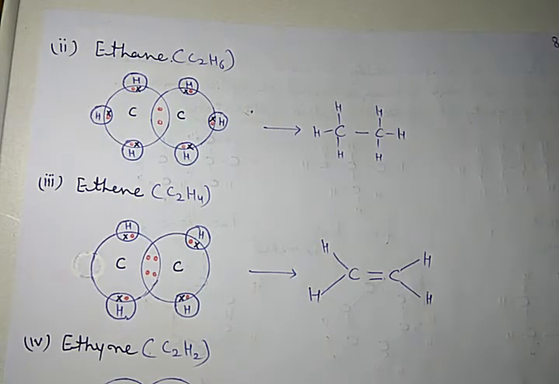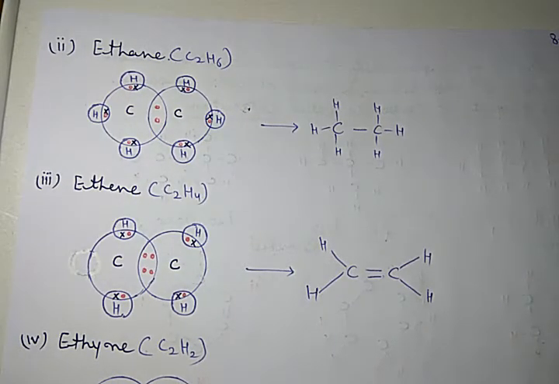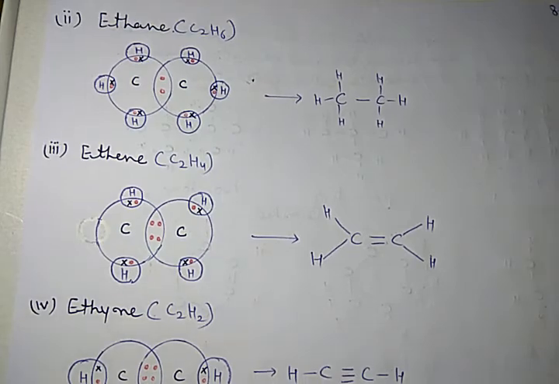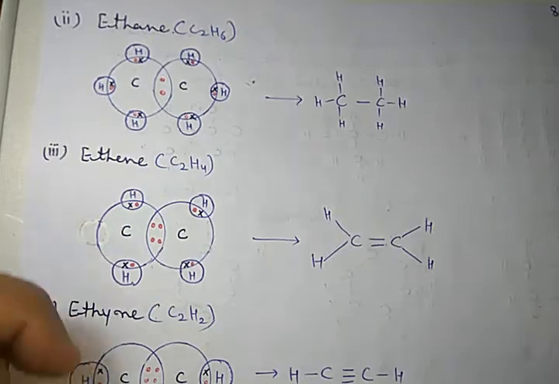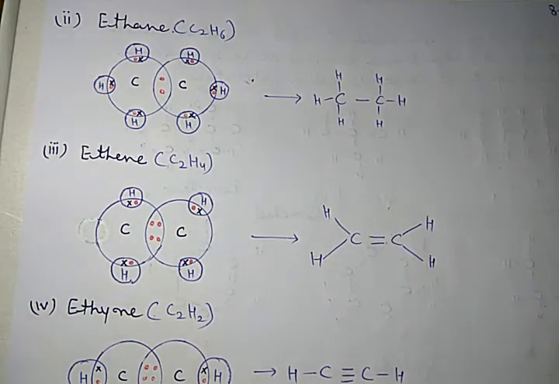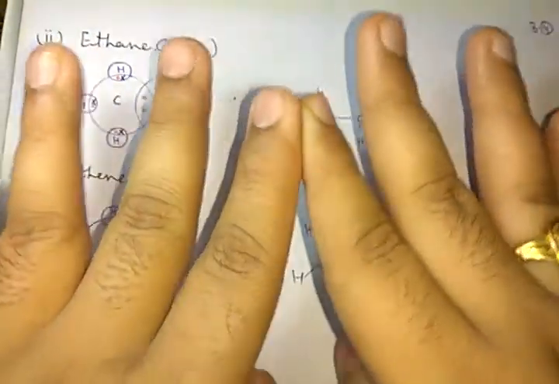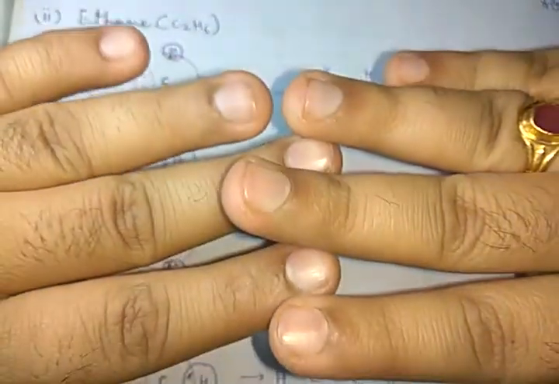Now the first question that comes to our mind, that how can we decide it? Before I discuss that, the same thing will come to our mind, that how can we know how many hydrogens will combine with that? To understand it, look towards my hand.